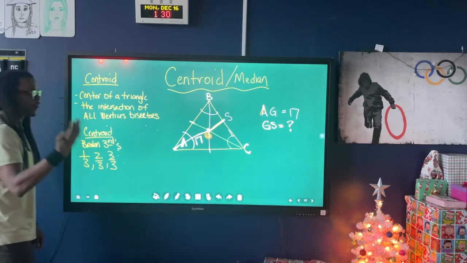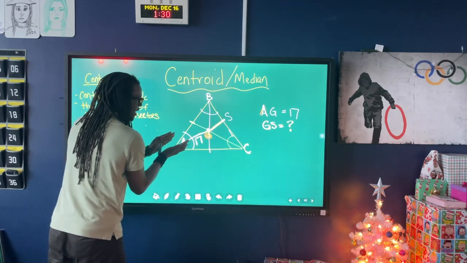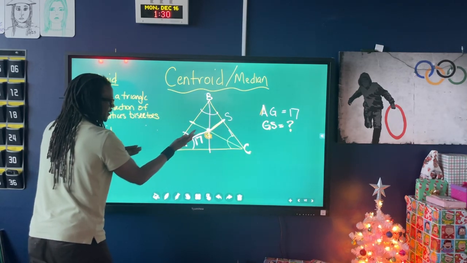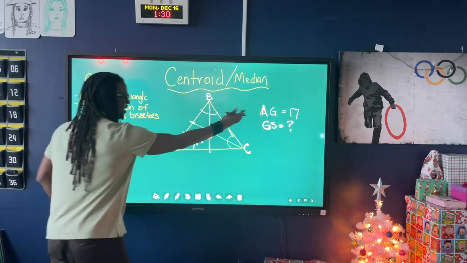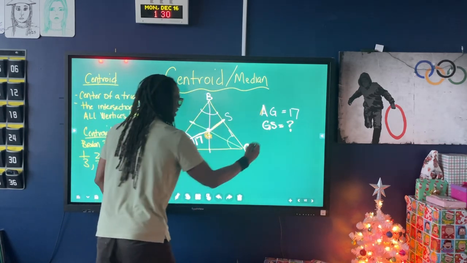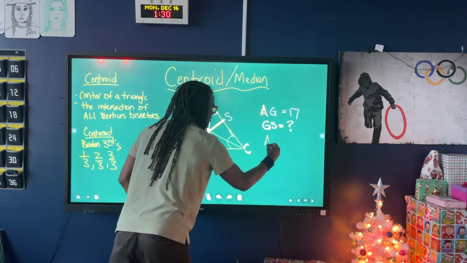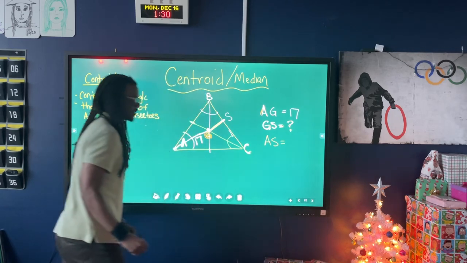So before, when we started off with the directed line segments, if I'm looking at line segment AGS, AG is 17. We were looking for GS, and then the entire line segment is AS.